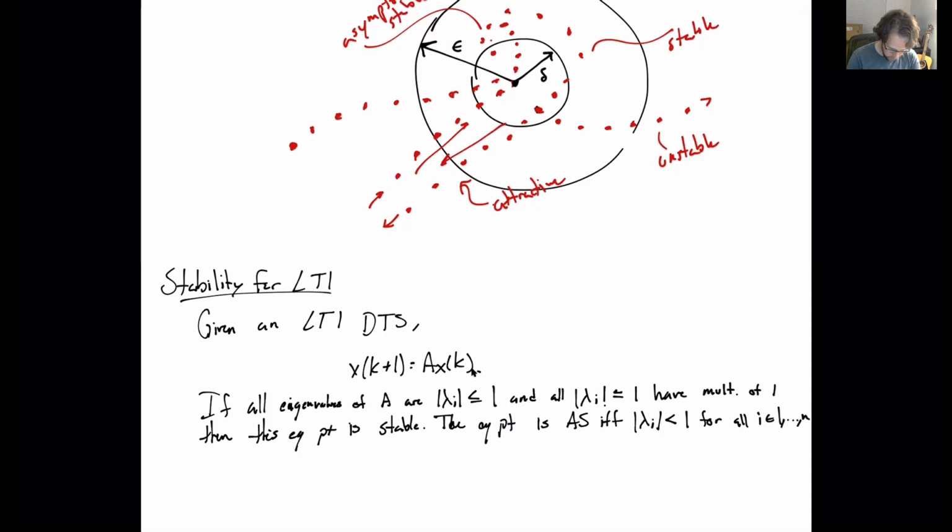And last thing I just want to note is you may hear people talking about a Schur matrix. A Schur matrix is a matrix with all of its eigenvalues less than 1.